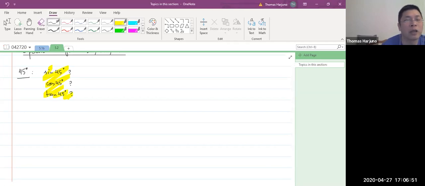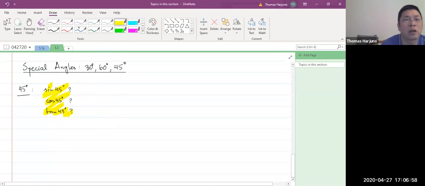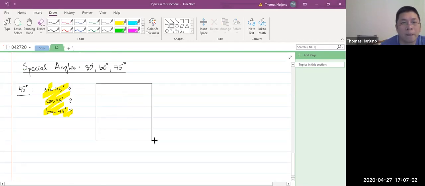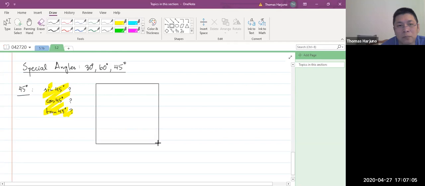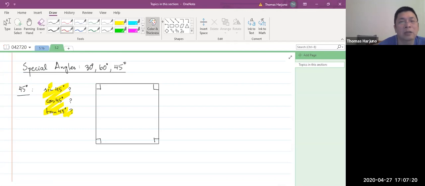Now, how do we get that? We start from a square. Because it is a square, each of the angles is a right angle, right? Then what I do is I bisect that square diagonally.